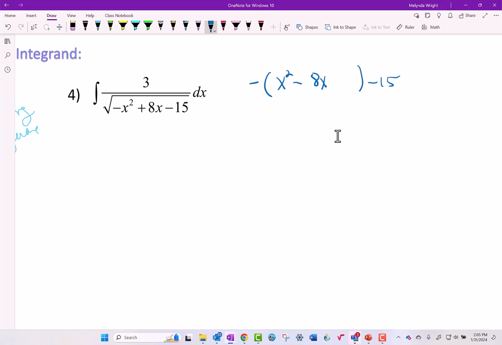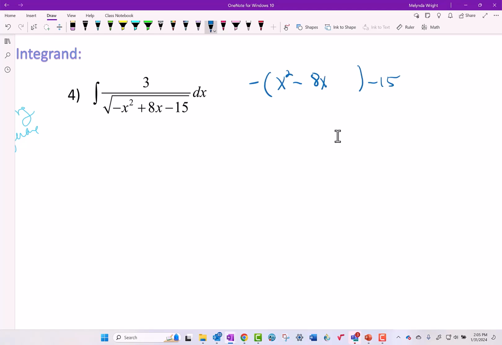Because I am not allowed to complete the square with anything except a 1 leading coefficient. Why would you change the sign of the 15? So the 15, I don't want to hurt its little feelings, but it doesn't get to play. It just moves out to the side. We don't mess with it. We just add or subtract whatever we need to from it. But we do not make it part of the completing the square.